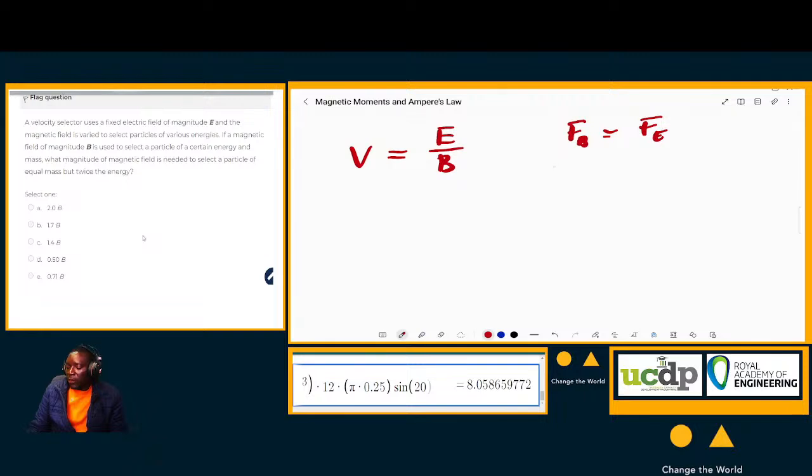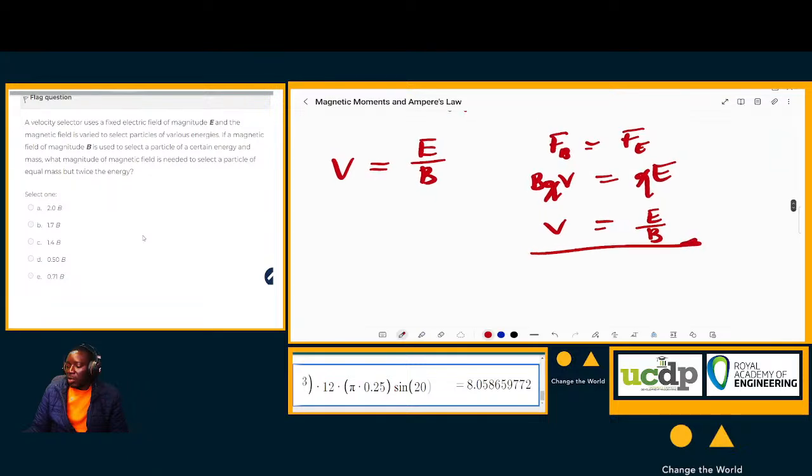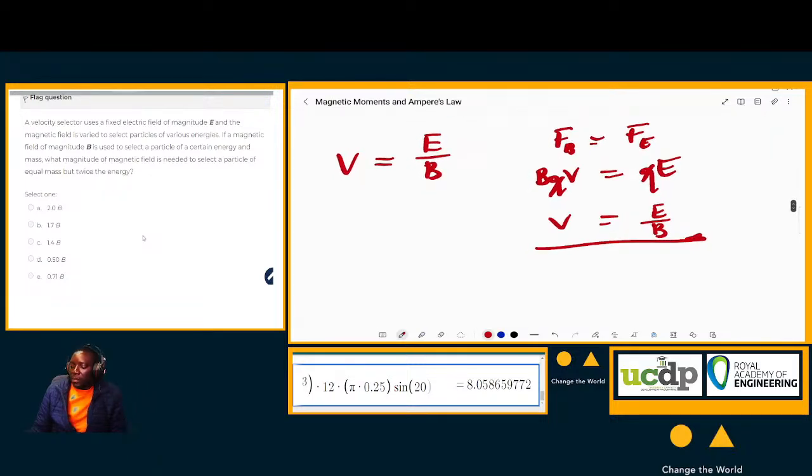Then we know the magnetic force is BQV, and the electric force is QE. Then for a particle with charge Q, it means V will be equal to E over B. This is the velocity of particles that can go through the crossed fields undeviated.